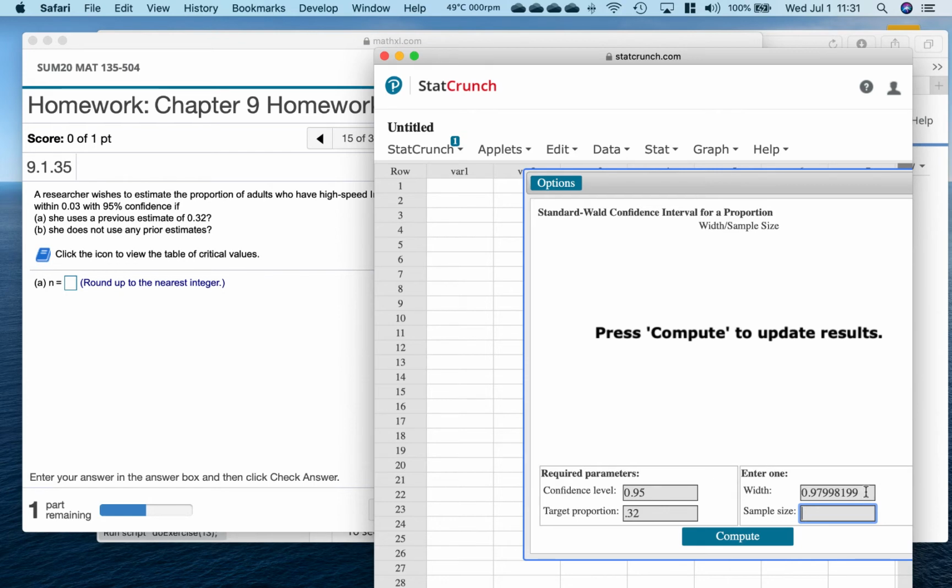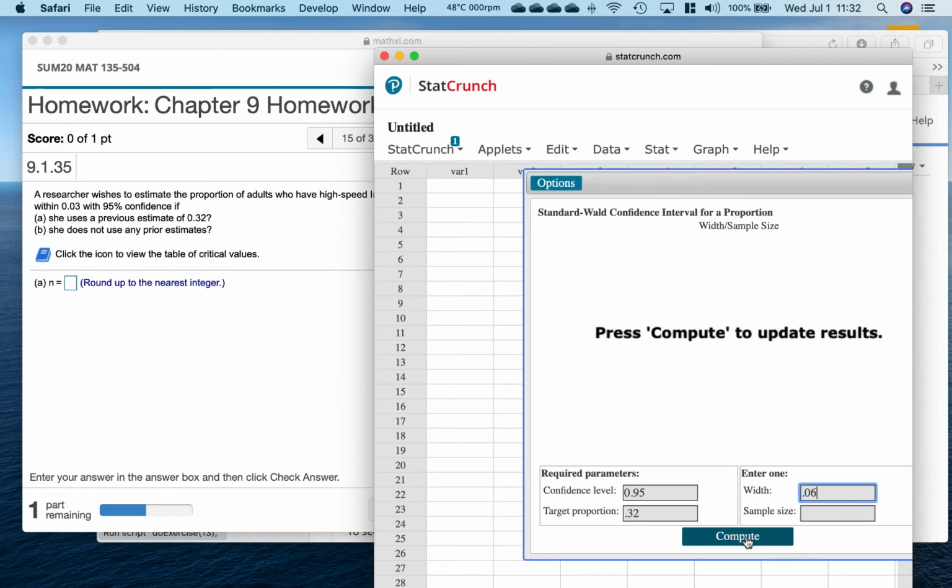We have to put in the width first, so here we want our interval estimate. Here's the weird thing: you actually have to double this. This is the strange part with StatCrunch. We're told the margin of error is 0.03, but StatCrunch wants you to double that, so 0.06.